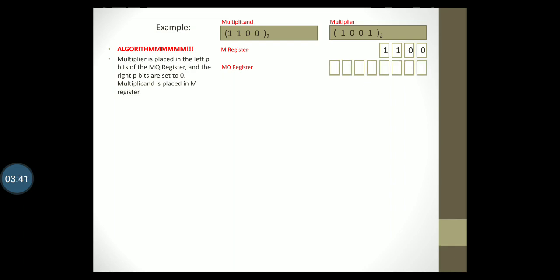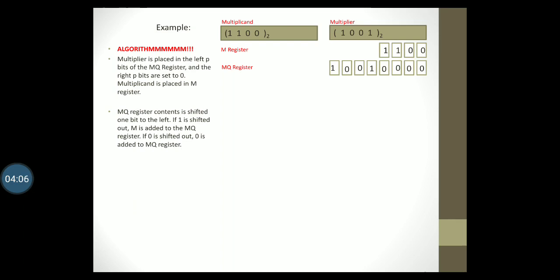So if MQ register looks like this, we place the multiplier in the left 4 bits of MQ register. And in the right 4 bits of MQ register, we place zeros. Now we are ready for the next step.